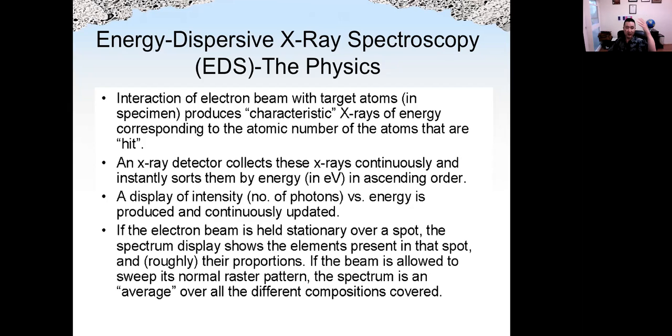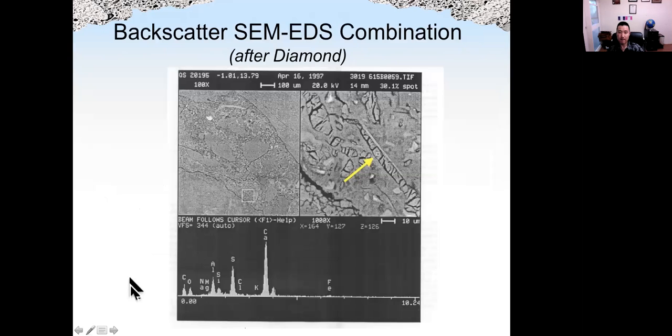The X-ray detector within the SEM machine will collect these X-rays and store them by different energies.